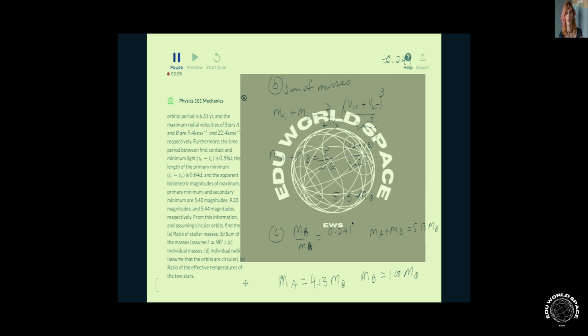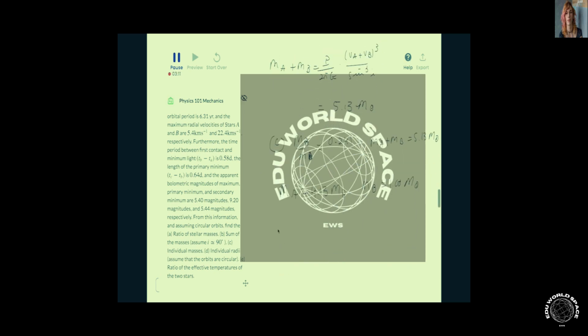Now, for the next one, D. We want to find the individual radii. Well, remember that we have the equation Rs equals (va plus vb) over 2 times (tb minus ta).